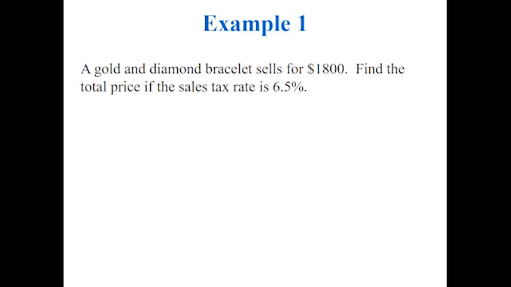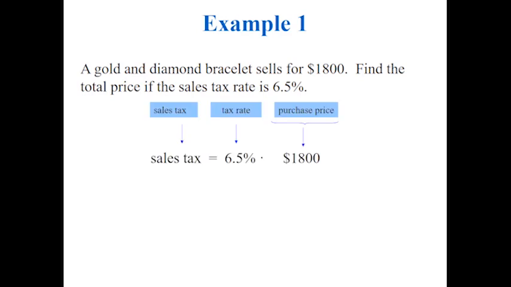For some reason, I say I want to buy this for $1,800. They take it to the cash register. They ring it up. The tax rate is 6.5%. So we want to find the sales tax. 6.5% of 1,800 is 6.5% times 1,800. Tax rate times purchase price.